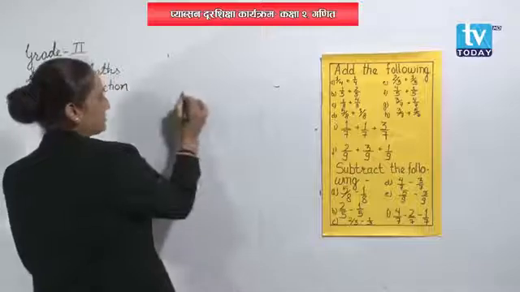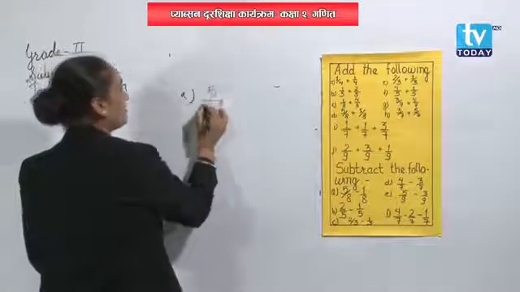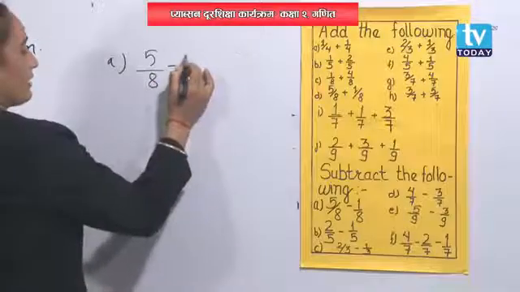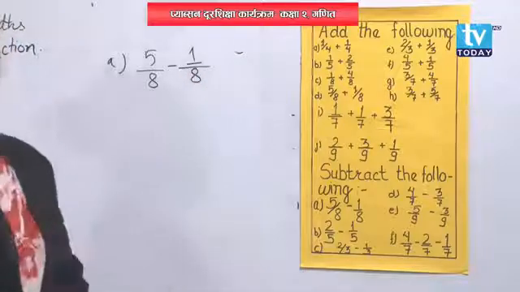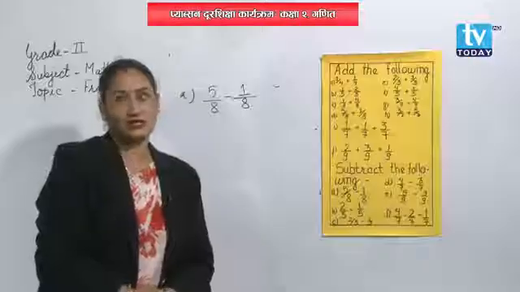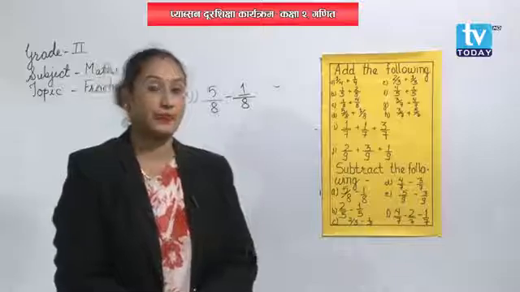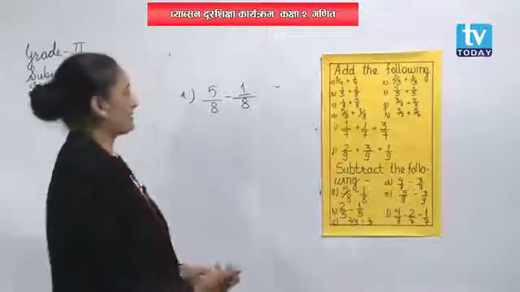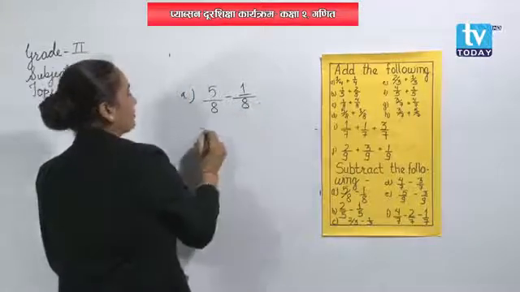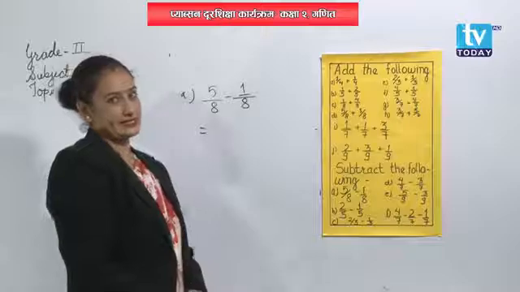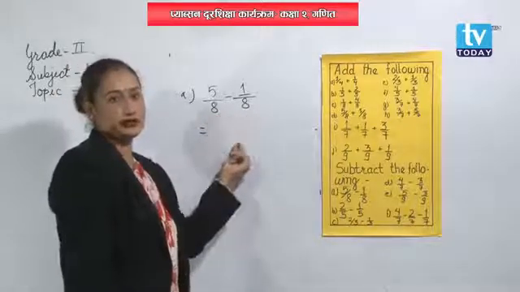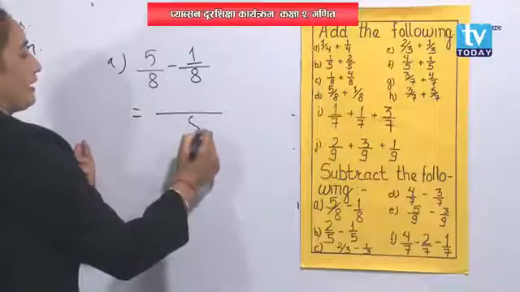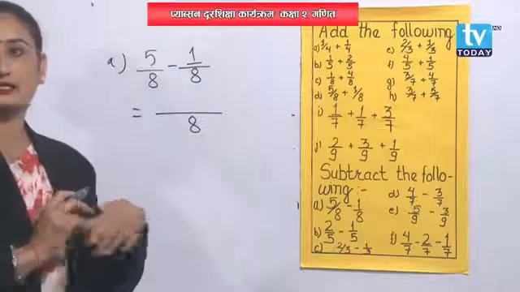See here in the first question. Out of 5/8, I need to subtract the fraction 1/8. Right. So, shall we subtract it? Okay, how to subtract? See here, students. Just like in addition, here also take the common number, that is 8. Right.